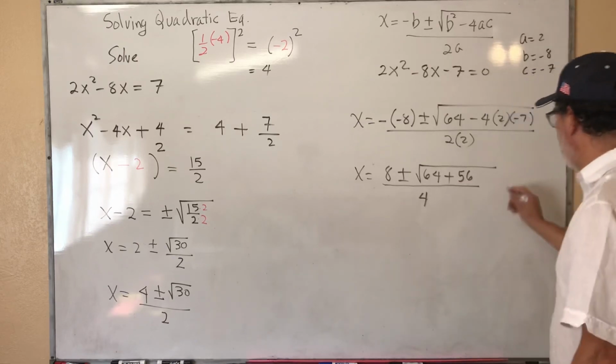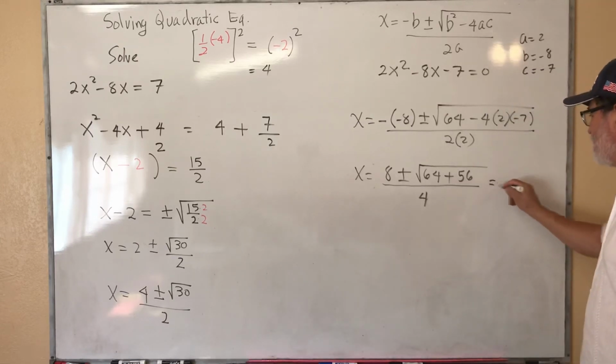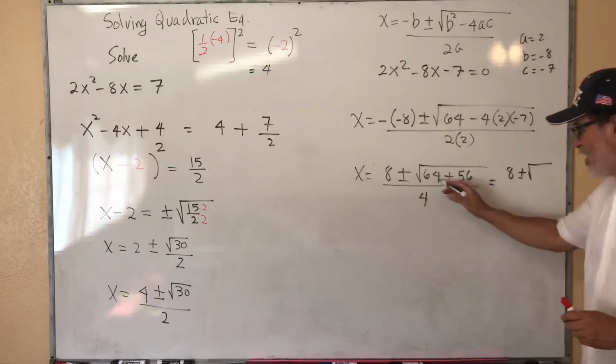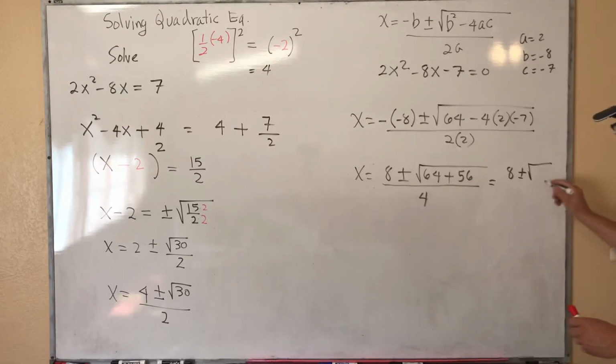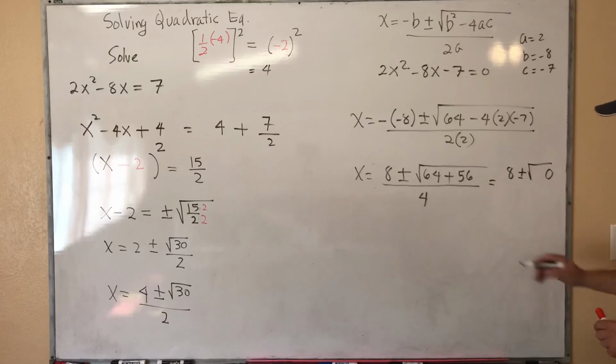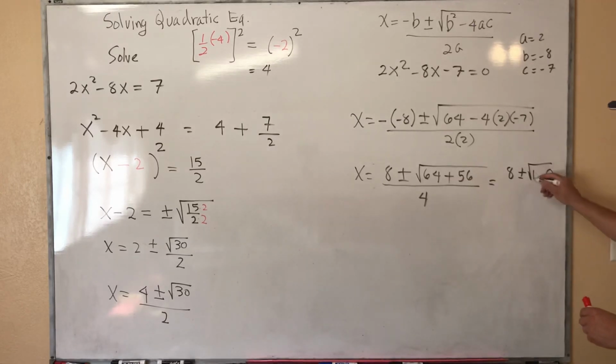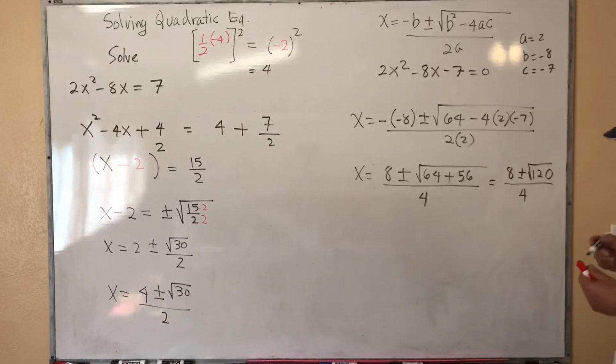And so therefore, what is this? This equals 8 plus minus the square root of 64 plus 56 is 120, divided by 4.